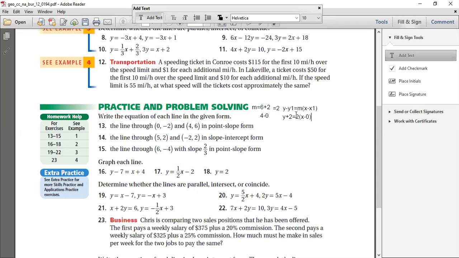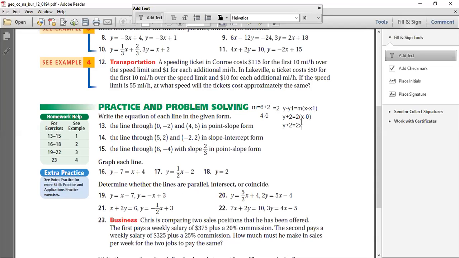To get rid of the 0, you're going to multiply this. So 2 multiplied by x is 2x, and 2 multiplied by 0 is going to give you 0. Which will take you finally to this equation: y plus 2 equals. To get rid of the 0, we opened up the brackets. That's all we did.